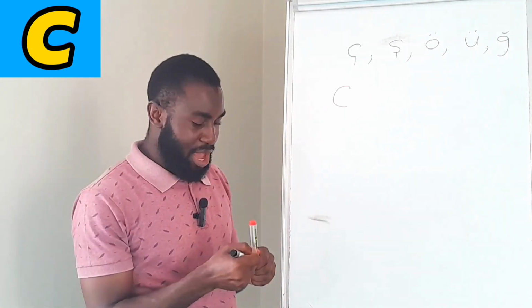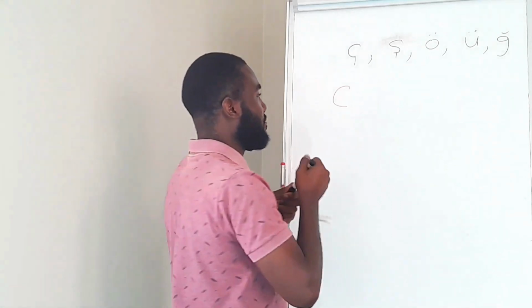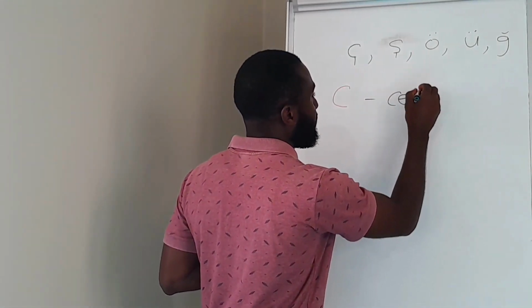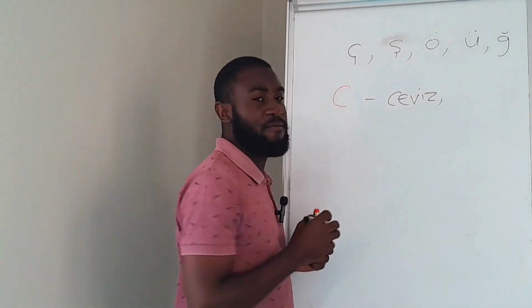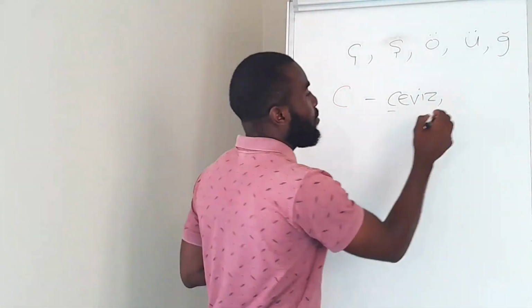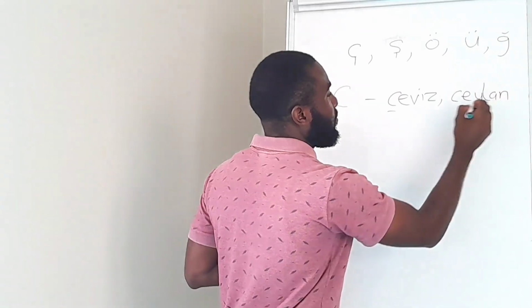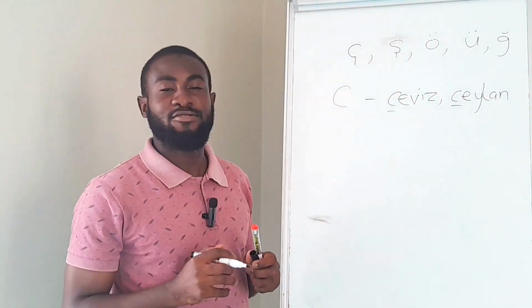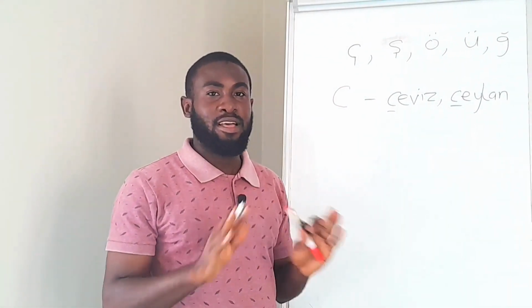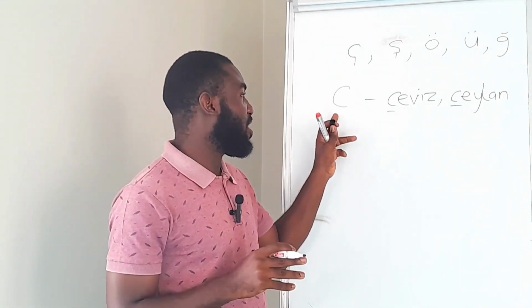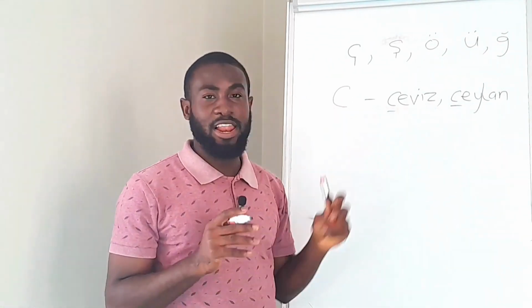For instance, we have ceviz and Ceylan. That is how you pronounce this letter anywhere you see it: J, ceviz, Ceylan.